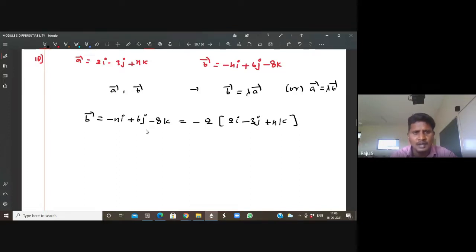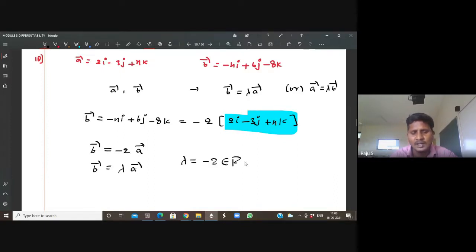Is it the same? This is the given vector A. So B is minus 2 times A vector. This is in the form of B vector equal to lambda times A vector. Here lambda is equal to minus 2, clearly a real number.